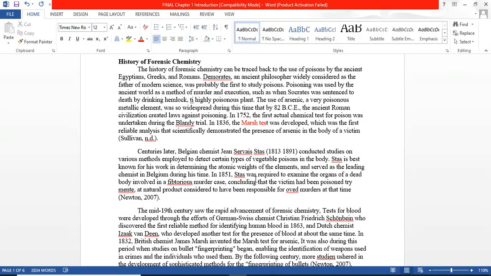In 1851, Stas was required to examine the organs of the dead body involved in a murder case, concluding that the victim had been poisoned with a natural product considered responsible for many murders at that time.